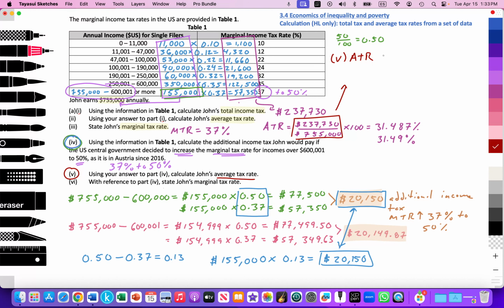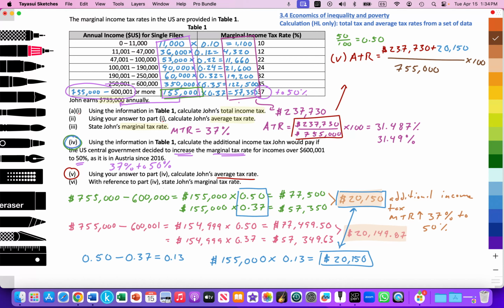What I'm going to do is it's going to be equal to the original 237,730 plus the workings from before, the additional amount, 20,150. We're going to divide that by his total taxable income, $755,000, and multiply that by 100, and that'll give us our average tax rate.